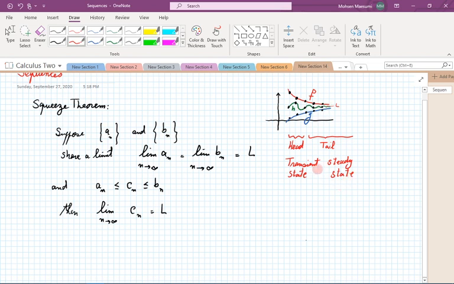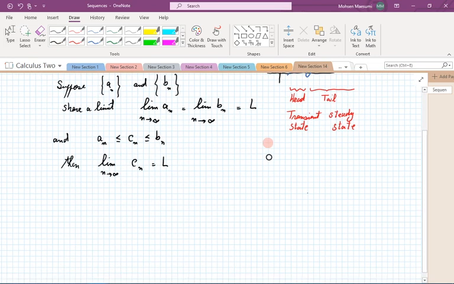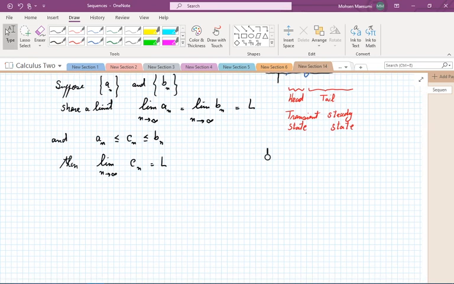So when we are talking about limits, always keep in mind that what the first few terms do is not of any consequence as far as the limit is concerned. What we need is that from some place on the inequality must be true, and then we can have the conclusion anyway.